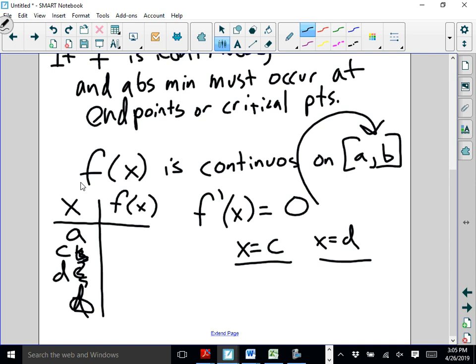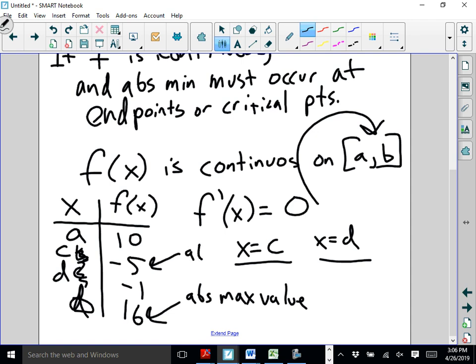Let's say we plug them in, we get 10, -5, -1, and 16. Well, then 16 is our absolute max value, and -5 would be our absolute minimum value. Okay.